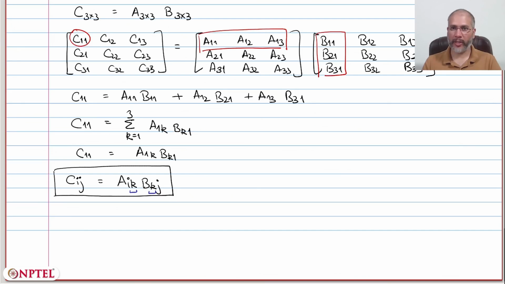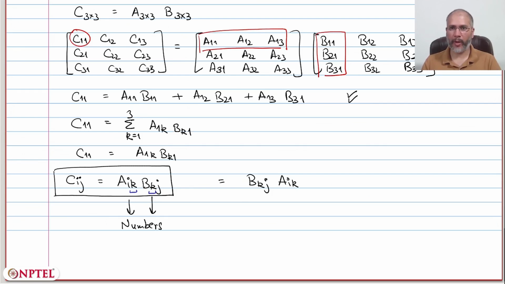So these Aik and Bkj are simply numbers. What that means is I can write this as Bkj times Aik. That's also exactly the same thing, and you can try it out. You can expand this over k, and you can see that the expression is exactly what we had here for i equal to j equal to 1, but it works for all values of i and j.